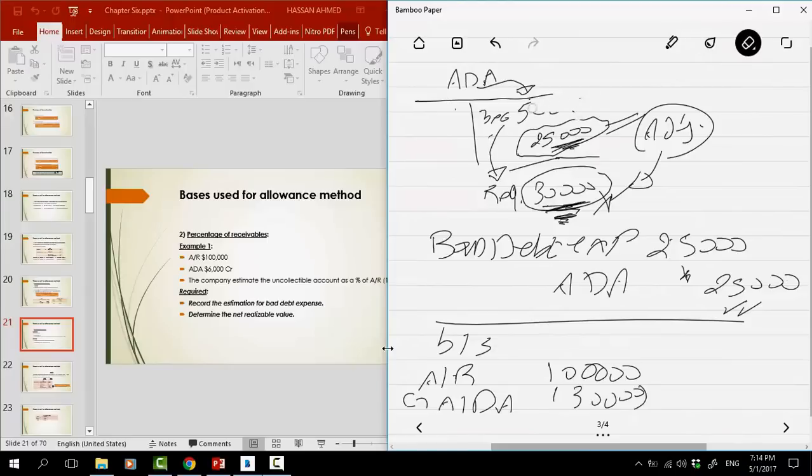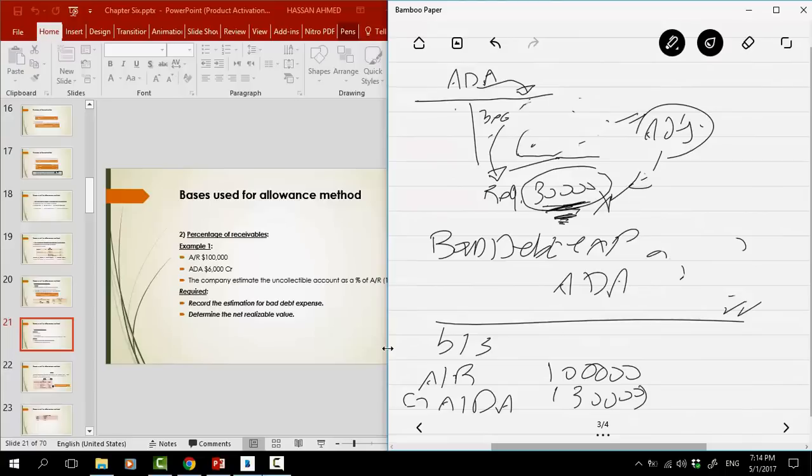Suppose that the ADA contains a balance of $8,000, and I want the ADA to reach 30,000. Then we will make an adjustment with $22,000 and so on. Okay, this method is called percentage of accounts receivable.